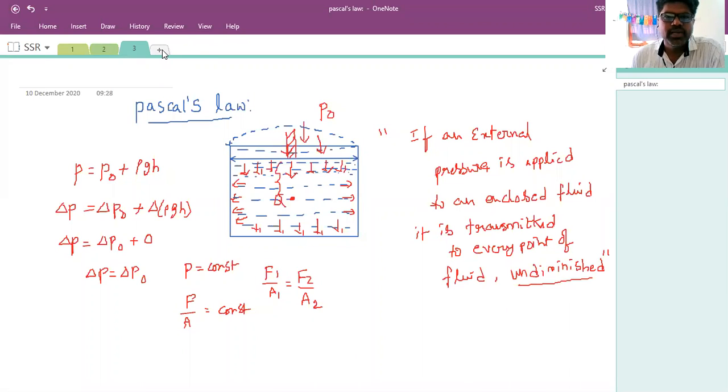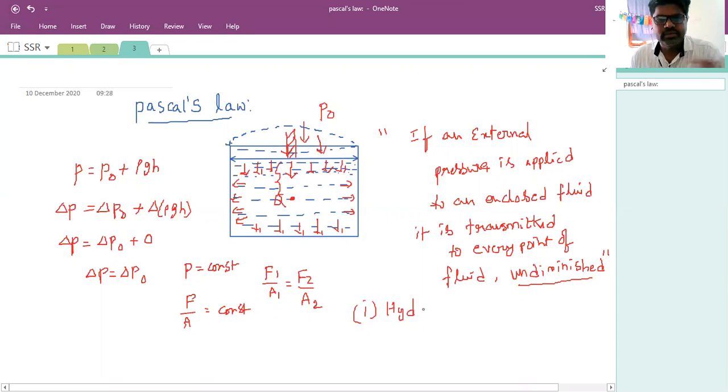Now how will this be used in applications? In one application, I'll explain. The applications of this Pascal's law I can write here. One is hydraulic press or hydraulic lift. Hydraulic pressing or hydraulic lifting. Second is hydraulic brakes. Third is hydraulic jack.